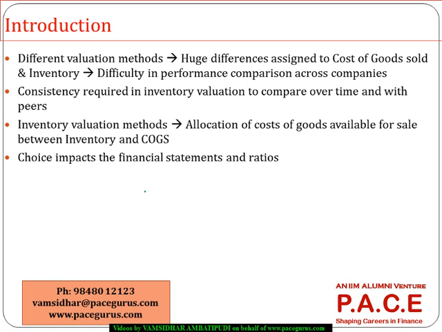The cash flows with respect to inventories are primarily an allocation between the inventory in the balance sheet and cost of goods sold in the P&L statement. So these are the two things that are impacted by the various valuation methods.